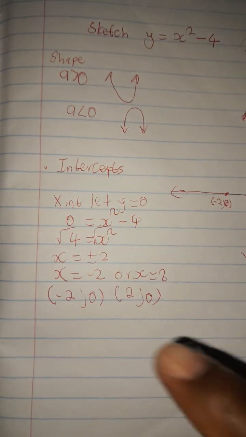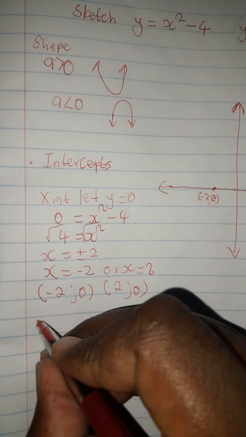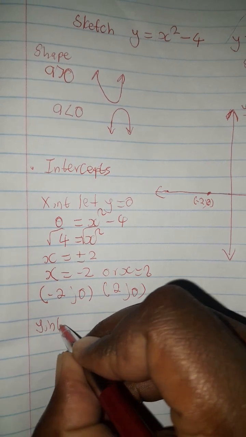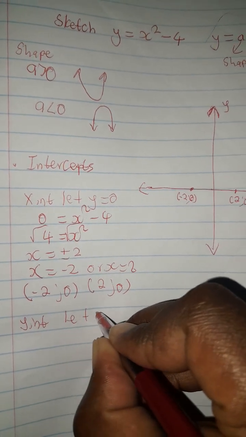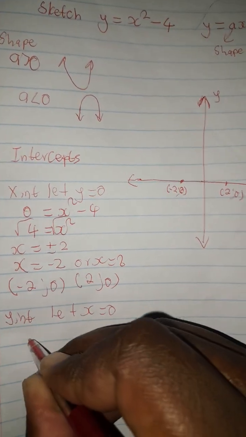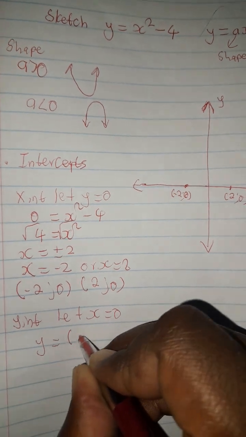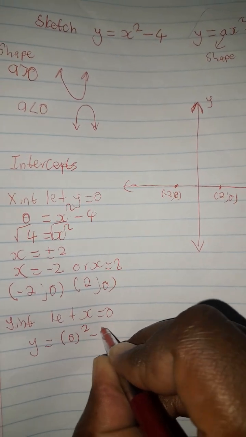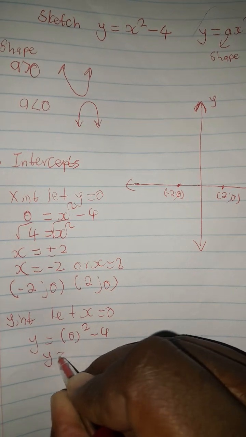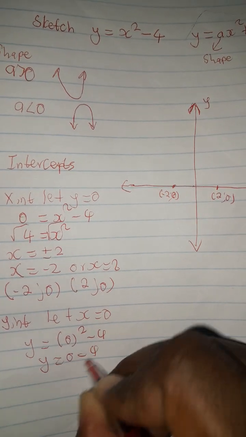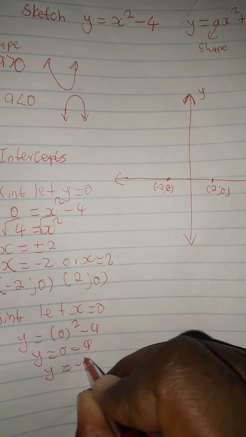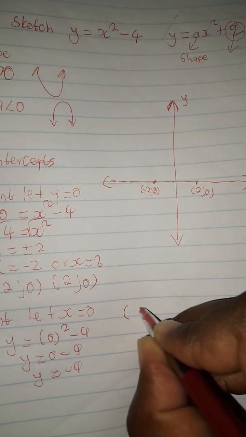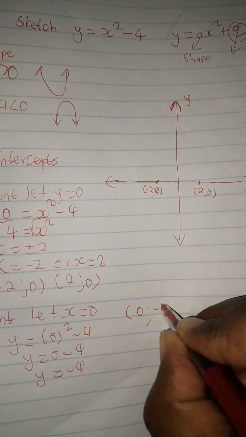We are not done. From here, also look for the y-intercept. For the y-intercept, let x be 0, meaning that where I see x, I am going to place 0. So it's going to be 0 squared minus 4. What is 0 squared? 0 squared is 0, and 0 minus 4 is minus 4. So the point will be 0 and minus 4.